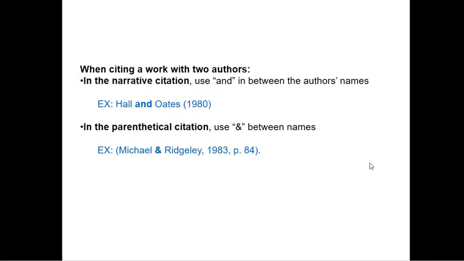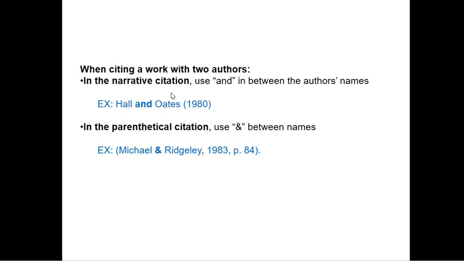And so if we're looking at in-text citation works with multiple authors, again, if it's two authors and if it's a narrative citation, so if you're writing the author names into the actual information that you're putting before the paraphrase or before the quotation, then you will need to use the word and.